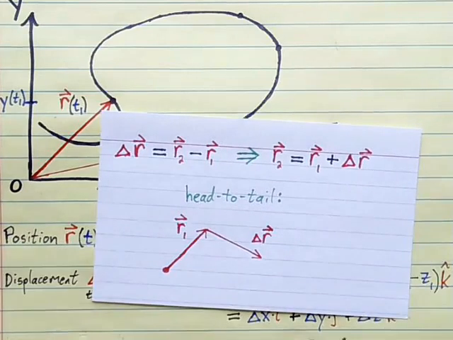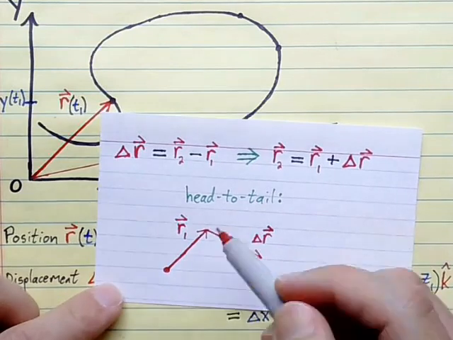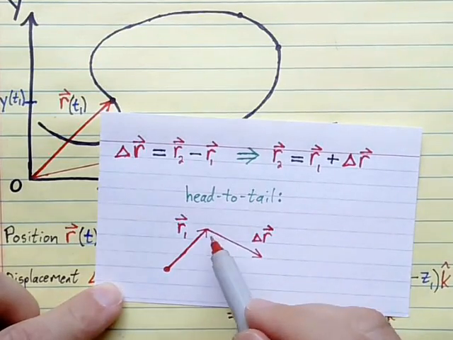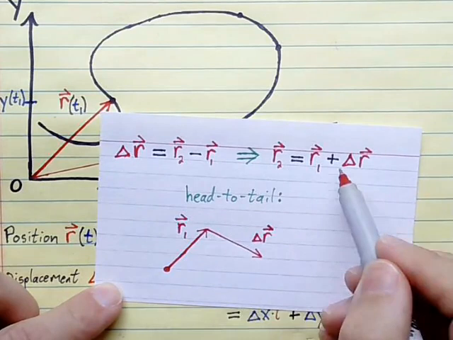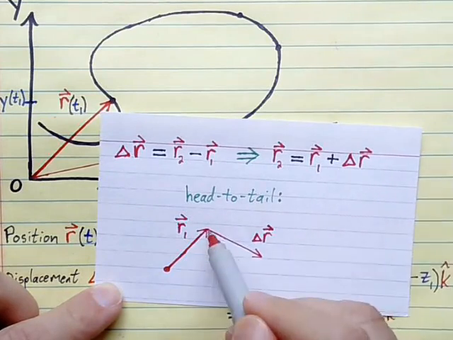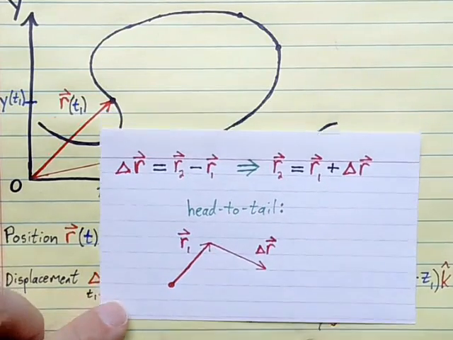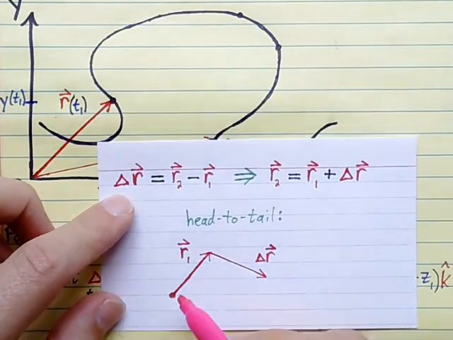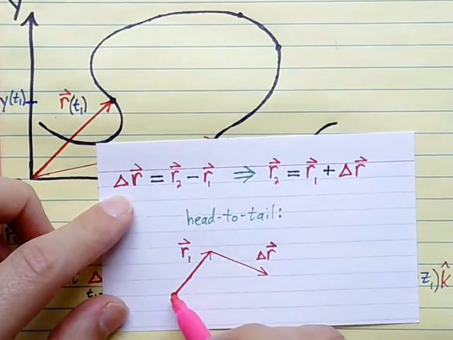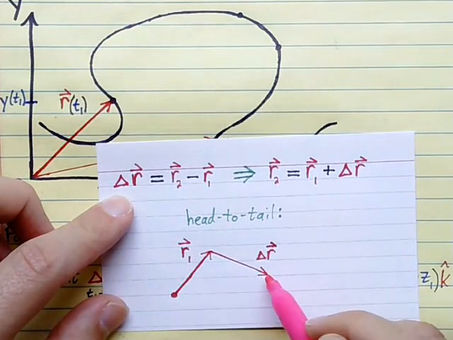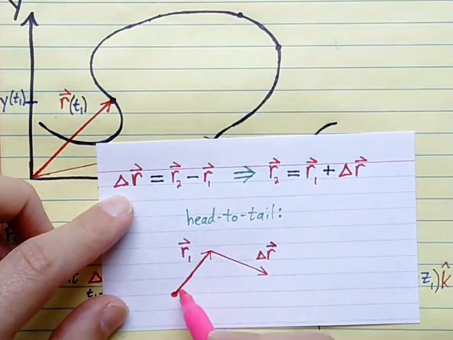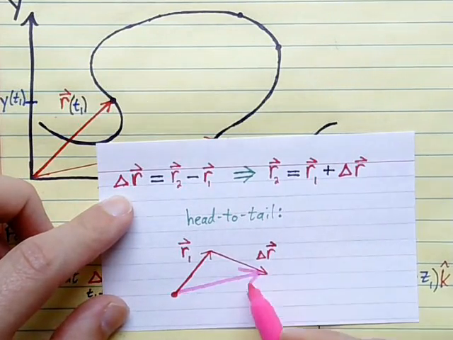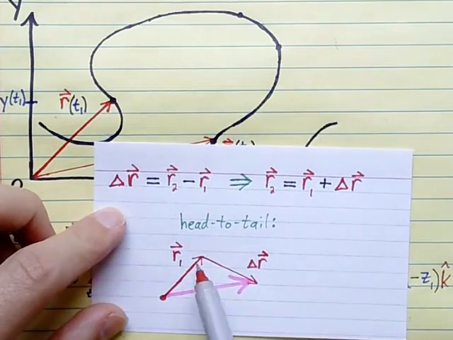So in the head-to-tail method, we can start with R1 and then put the tail of delta R at the head of R1, so make that chain. And the sum points from the very beginning of the chain, the tail of R1, to the very end of the chain, the head of delta R. So that then would indicate the sum of those two vectors.